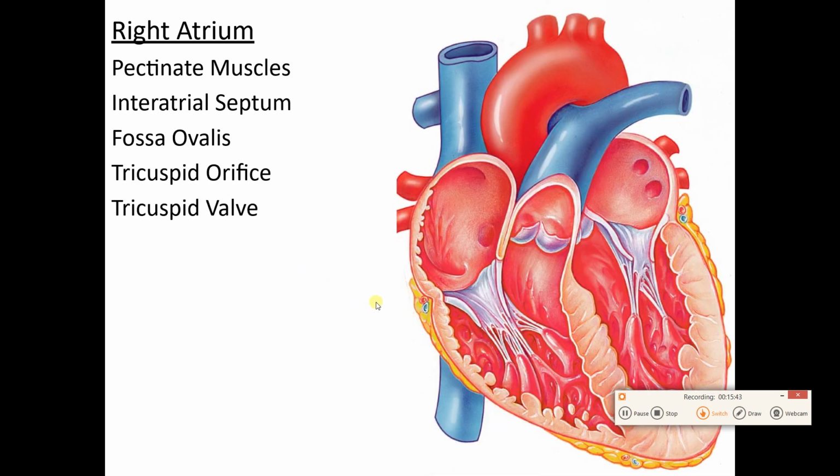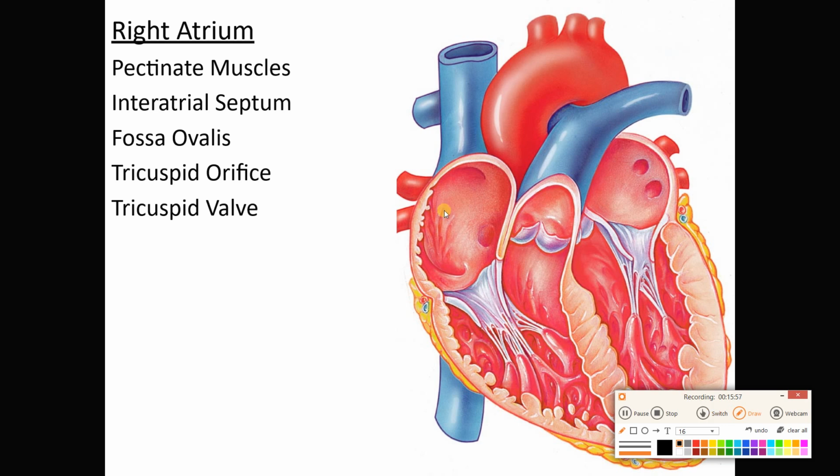Now what I've done is I've cut this heart open. This is a frontal section, so I still see the right side and the left side. And this is my right atrium up here. Now inside my right atrium, I see some little wrinkles of muscle. You can see some right in here. You can see these little ones. I'm just going to put some dots on them.